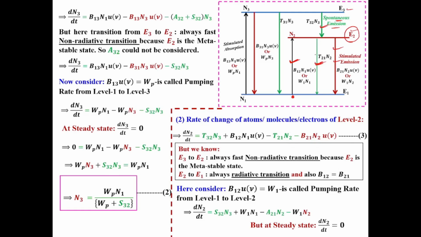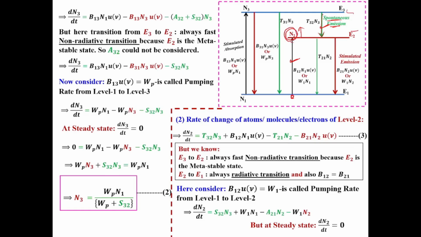Here, due to this transition and this transition, N2 will increase, because the atoms or molecules come to this state due to spontaneous emission from E3 to E2 and due to stimulated absorption from E1 to E2.